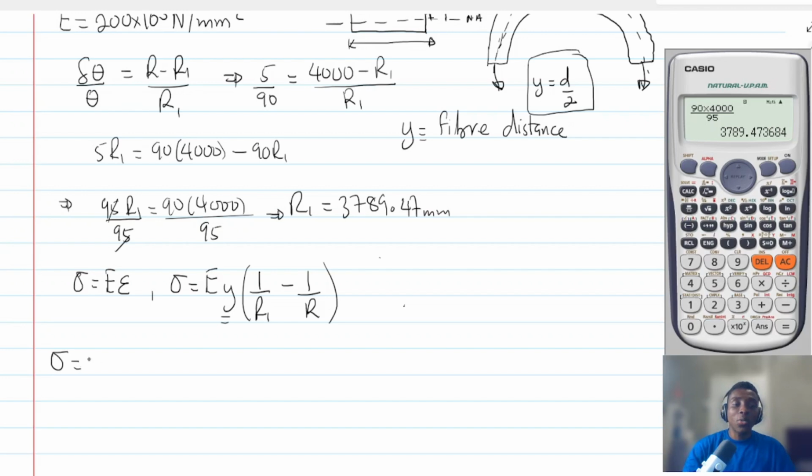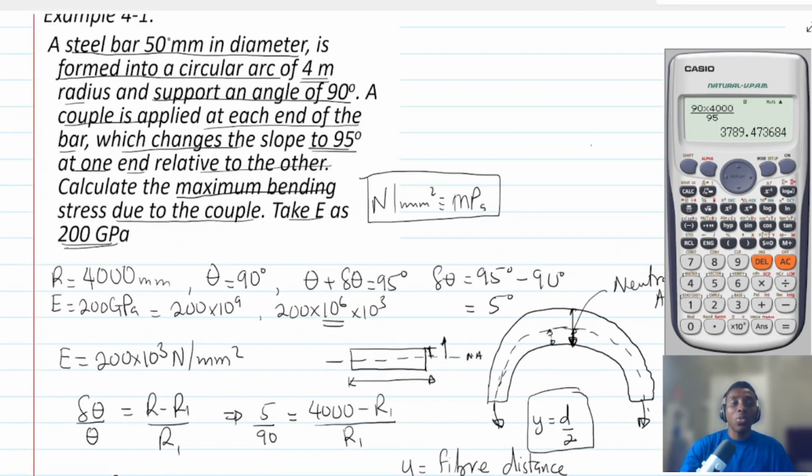So knowing this, we can say E is 200 times 10 to the power 3, and then the fiber distance, which is now 50 millimeters divided by 2, because we said the diameter was 50 millimeters in diameter.